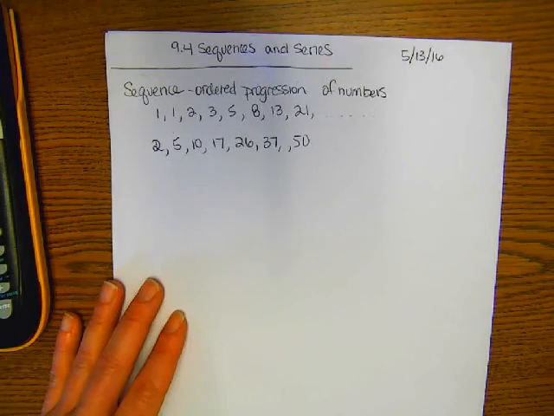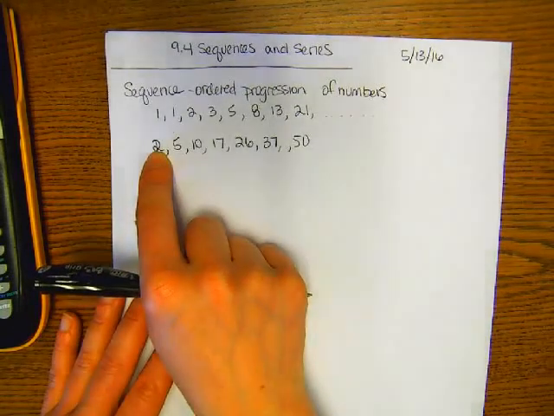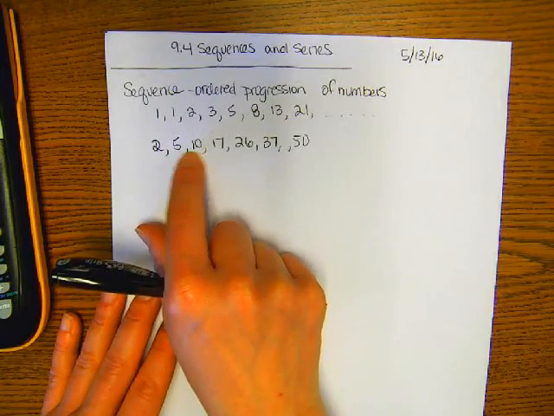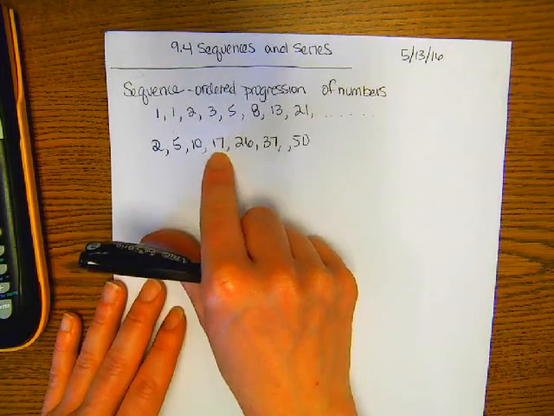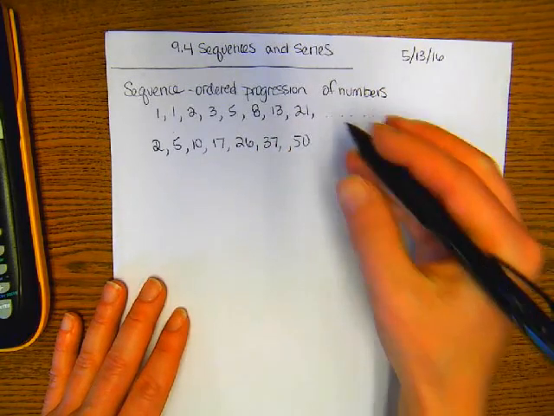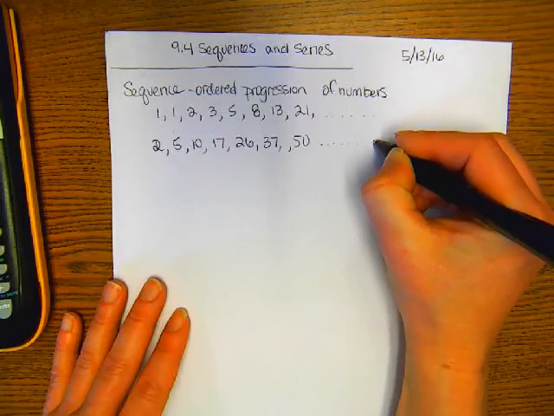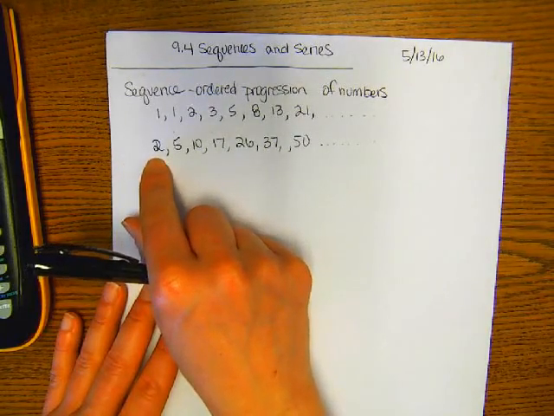That is true. Can somebody tell me in general, if this is the first term, and this is the second term, and this is the third term, and this is the fourth term, and the fifth, and the sixth, and the seventh, how would I find the nth term? Okay, what's 1 squared?